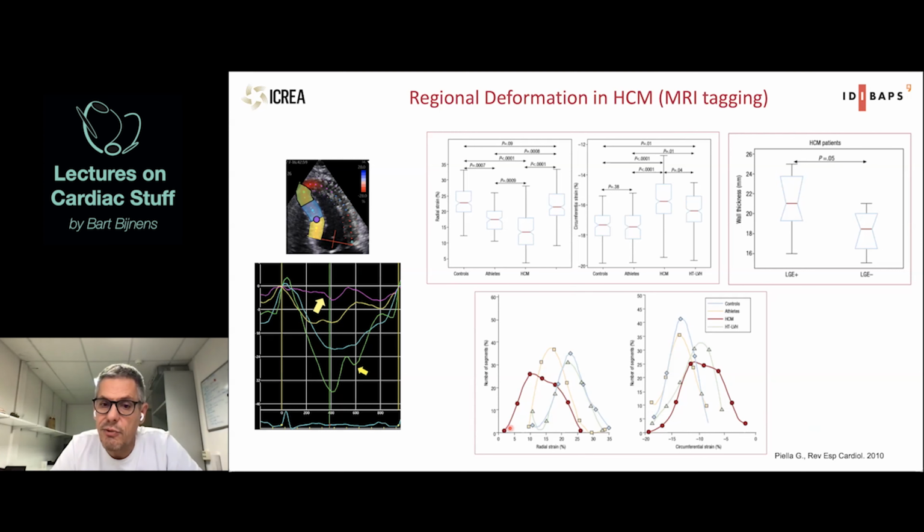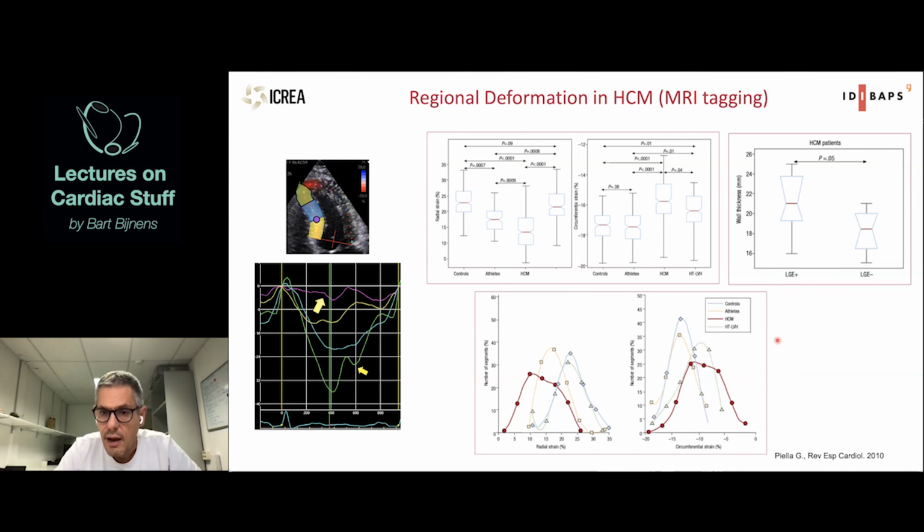So if you make, for example, a histogram of deformations that are available irrespective of their place within these hearts, what you see is that controls will have normal deformation. This is both radial and circumferential because it's based on MRI. You see that the normals have a very nice small distribution because all the segments are contracting or deforming in a similar way.